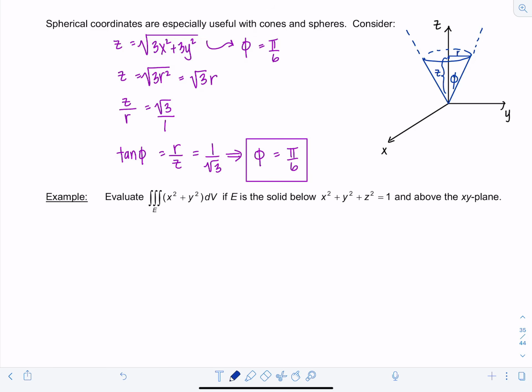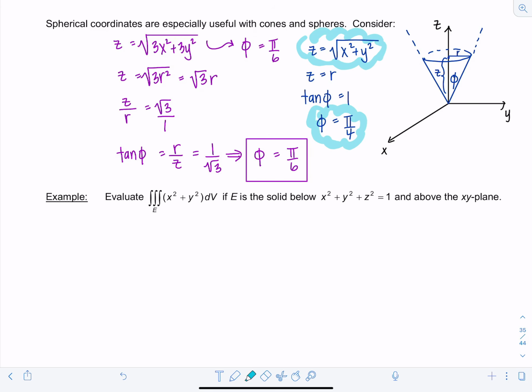The one that's going to come up so much is z equals square root of x squared plus y squared. Then you would just get z equals r, which means tangent of phi equals 1. So you would say phi is pi over 4. So if you see you have this cone and you automatically know it's phi equals pi over 4, go for it. Don't show work. That one's going to come up so much.